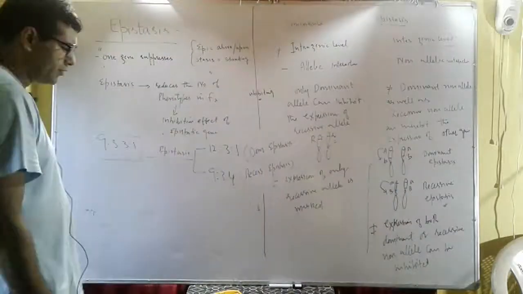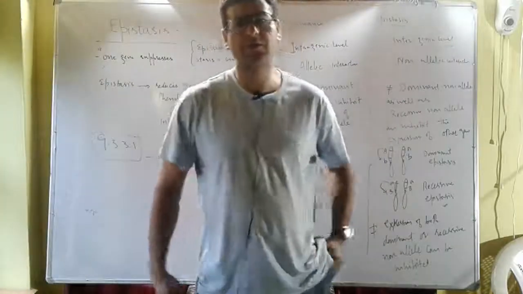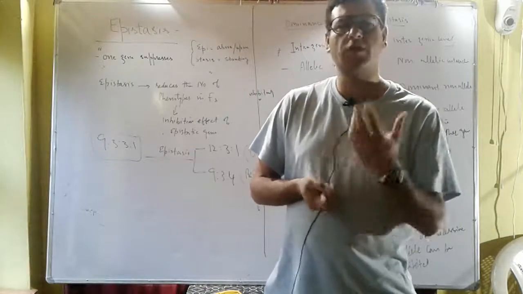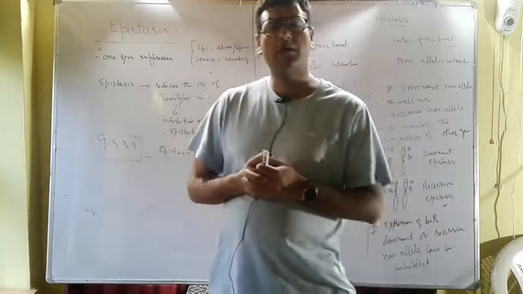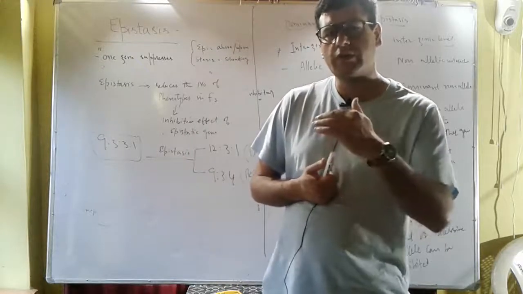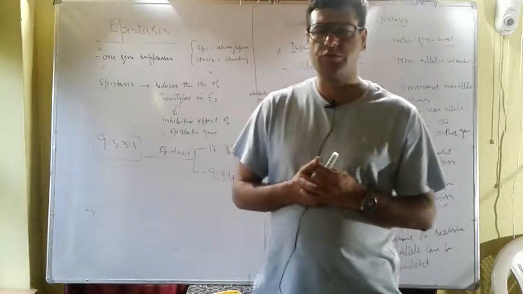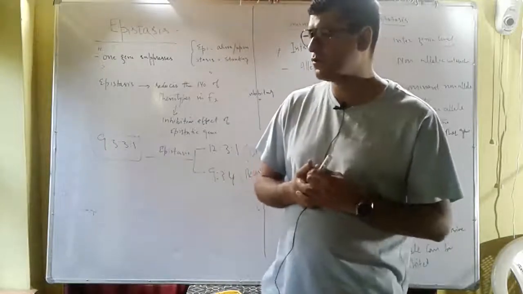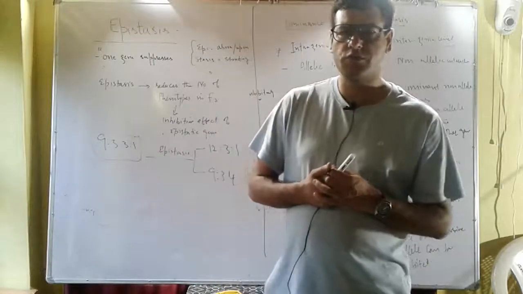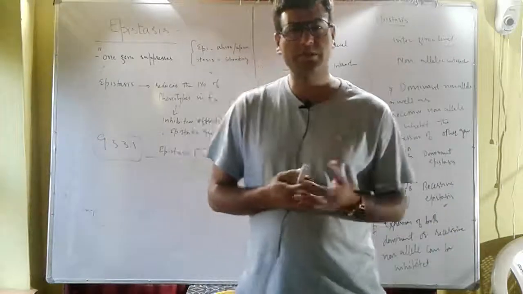Epistasis reduces the number of phenotypes in F2 because of the suppression or inhibition activity of the epistatic gene. As a result, the normal dihybrid ratio, that is 9:3:1, gets modified to 12:3:1 or 9:3:4. The 12:3:1 we get in case of dominant epistasis, and the 9:3:4 we get in case of recessive epistasis. So what is dominant epistasis?